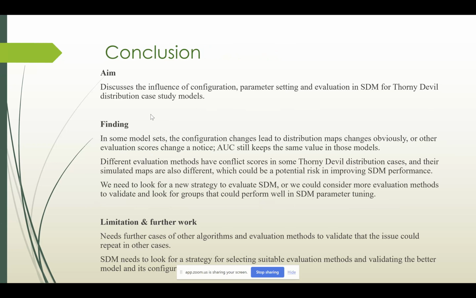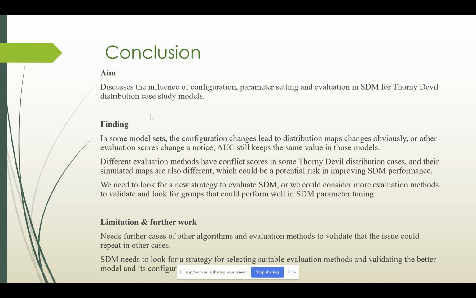However, sometimes AUC keeps the same value in those models. Different evaluation methods have conflicting scores in some Sony-Deva distribution cases, and their simulated maps are also different, which could be a potential risk in improving SDM performance.